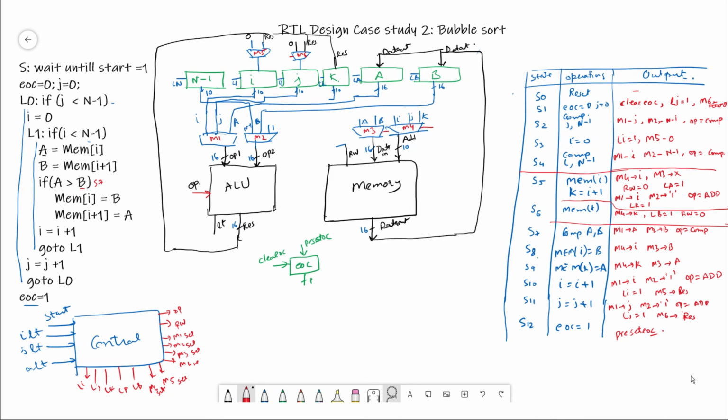By the way, because this hardware can run only one application, it is also called an application specific integrated circuit. We call it ASIC. Because it is application specific, this circuit can perform only one application.